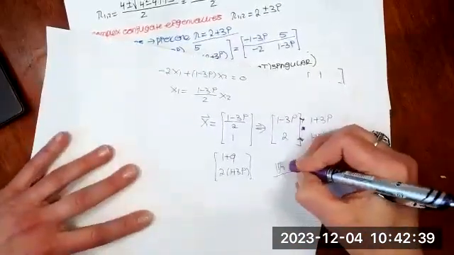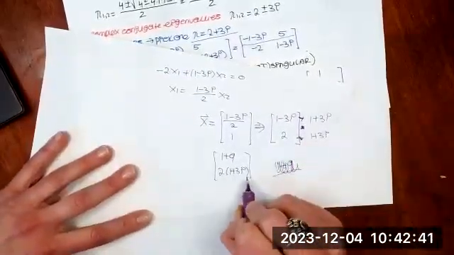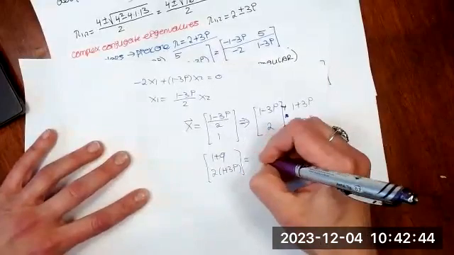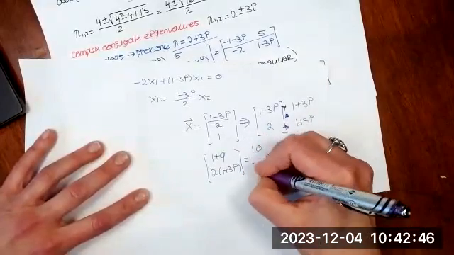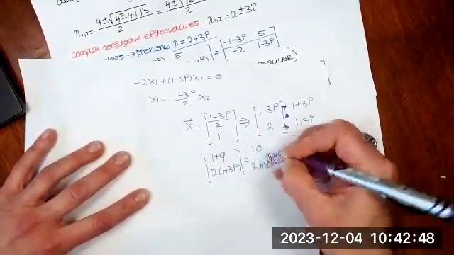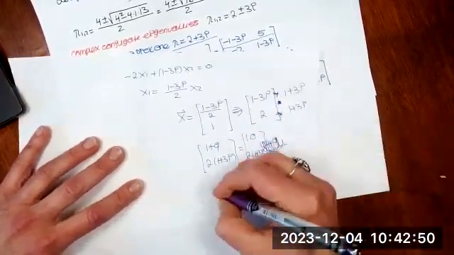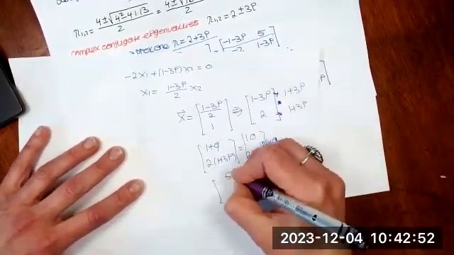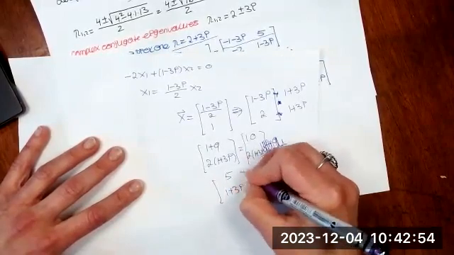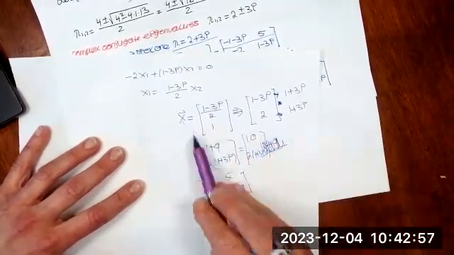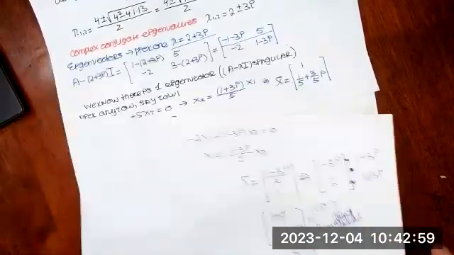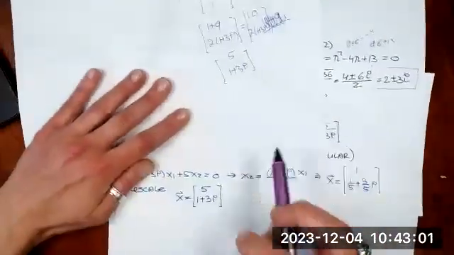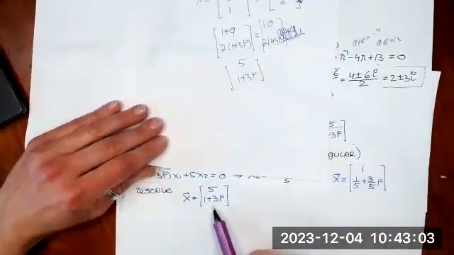Just rescale it using complex numbers. So I will have 10 and 2 times 1 plus 3i. And if I divide by 2, I'm going to have 5 and 1 plus 3i. That was the eigenvector I'm getting from the second row. But that's the same eigenvector I have here, right?